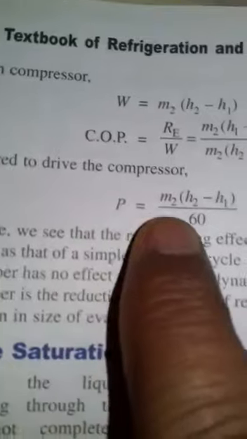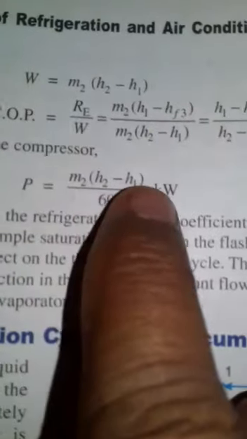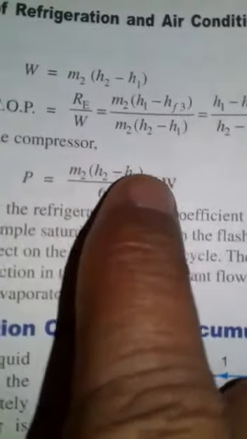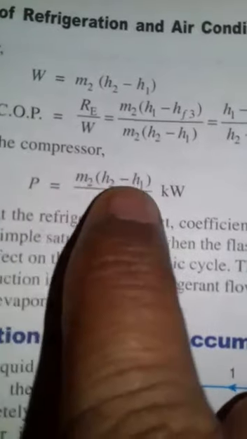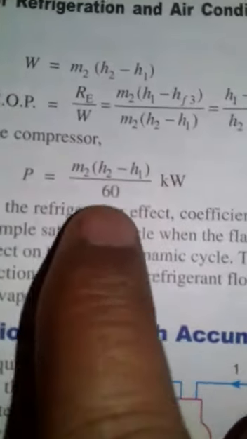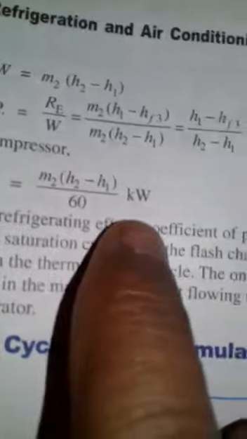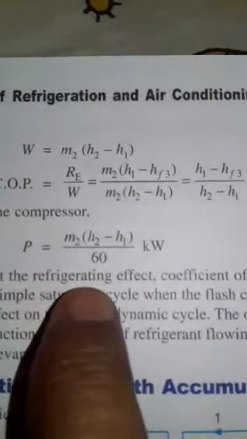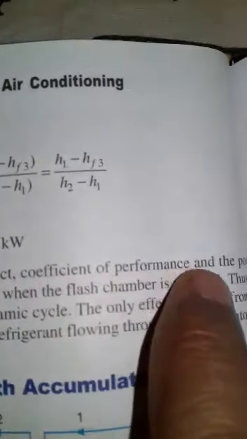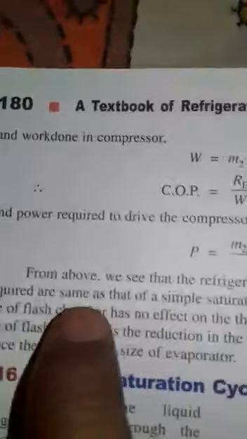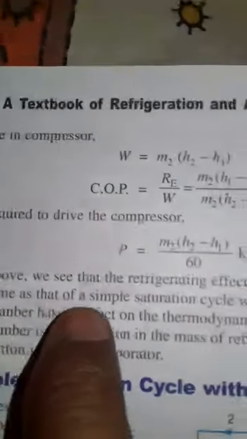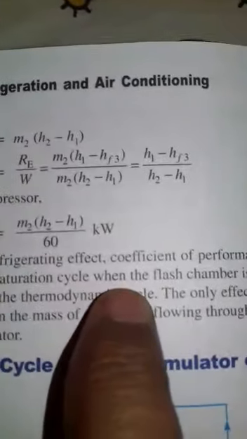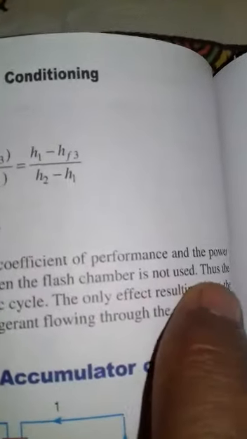P is equal to M2 into H2 minus H1, that is the work done by the compressor, mass into change in enthalpy, divided by 60, in kilowatt. From the above we see that the refrigerating effect, coefficient of performance and the power required are the same as that of the simple saturation cycle when the flash chamber is not used.